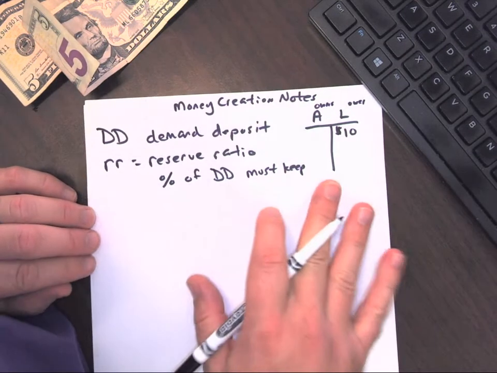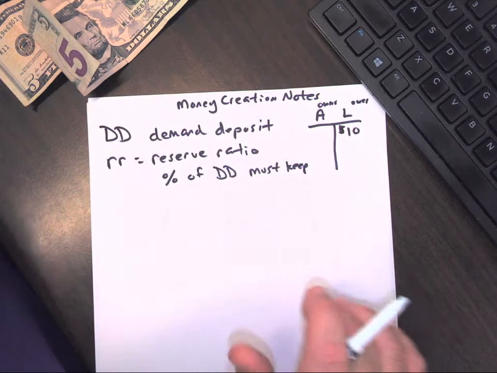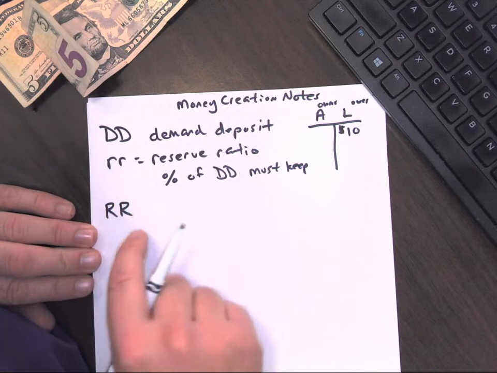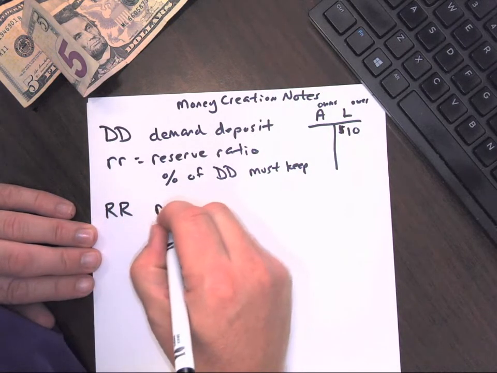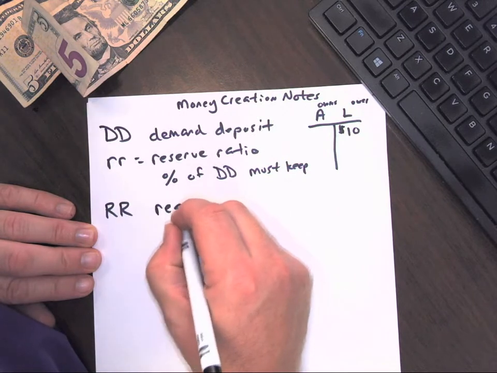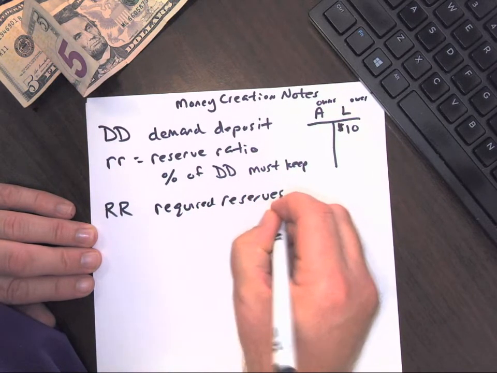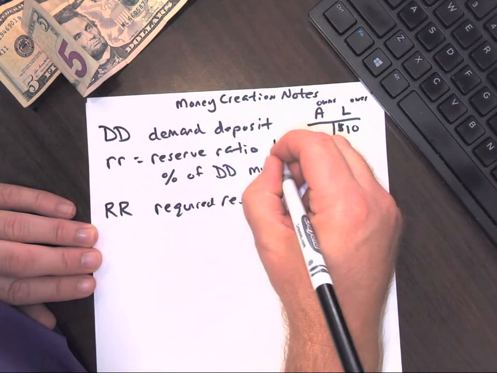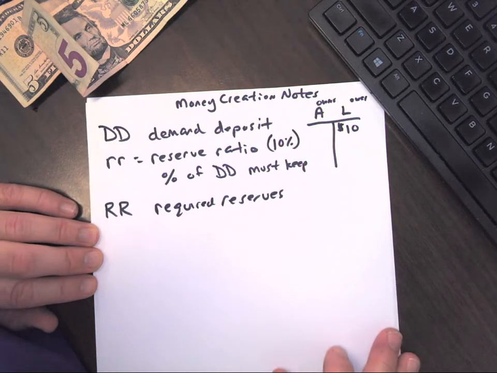Well, we needed laws set up to prevent that. So the Federal Reserve Bank sets the reserve ratio, which gives them the required reserves, or reserve requirement. This ratio is set at a certain percentage, and it's usually 10%. That's pretty standard. It's been that way for a really long time.